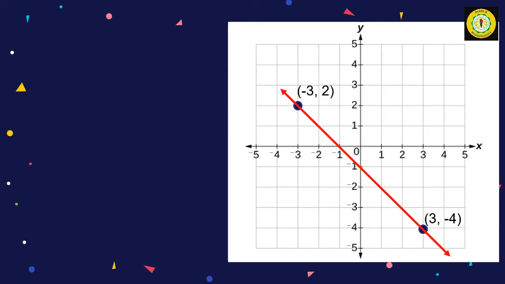So this is the graph of x plus y equals 1. We have 2 points here: (-3, 2) and (3, -4). So let's find the slope. Slope equals rise over run.